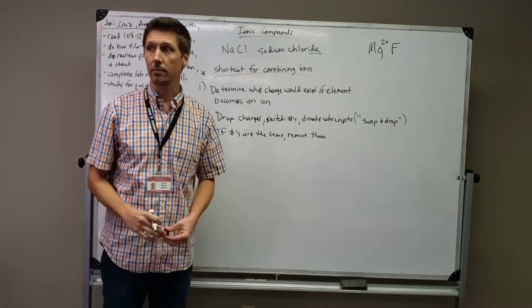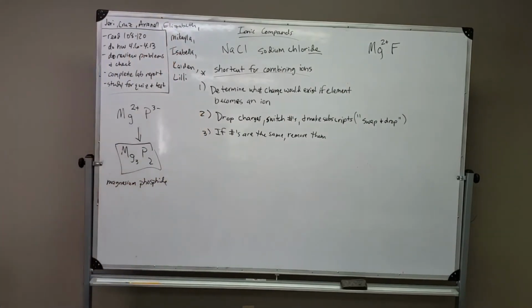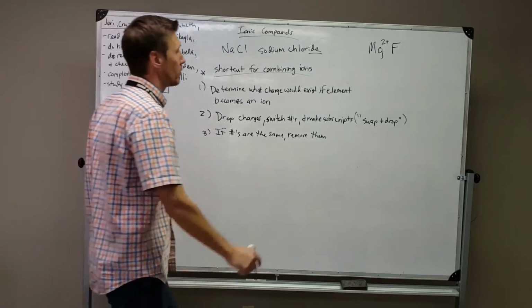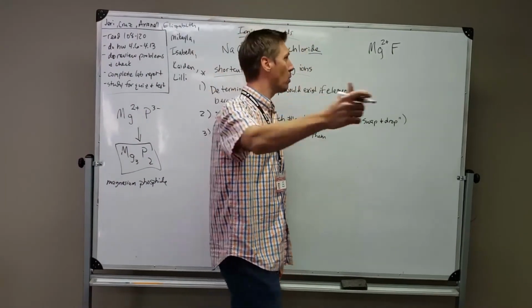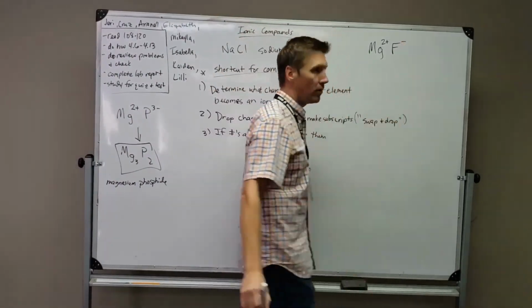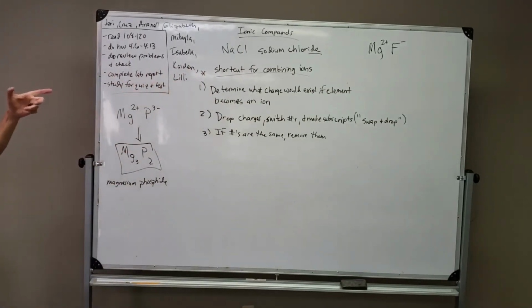What about fluorine? What column? 7A. Yep. It's in the second row, 7A. So it's got 7 electrons. It wants to get 1 more. So it's going to have a 1 negative charge. Notice we always leave the 1 off. We never write the 1 down. 1s are always understood.